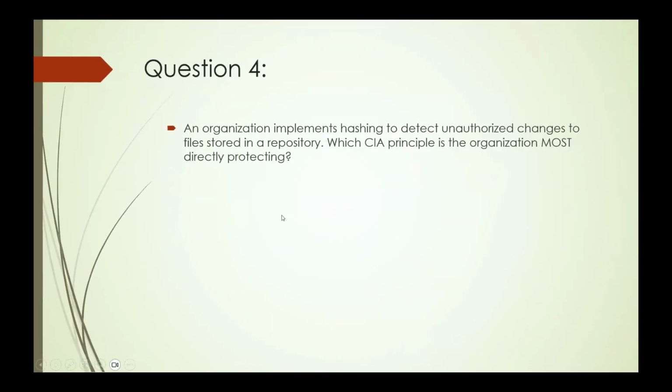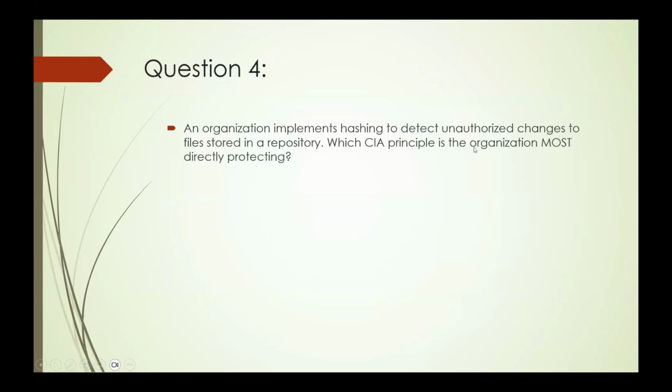Next scenario. An organization implements hashing to detect unauthorized changes to files stored in a repository. What happened? The organization implements hashing. Why? To detect unauthorized changes. To what? To the files stored in a repository.